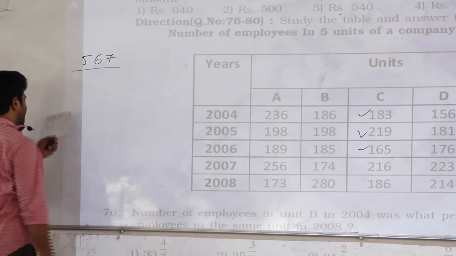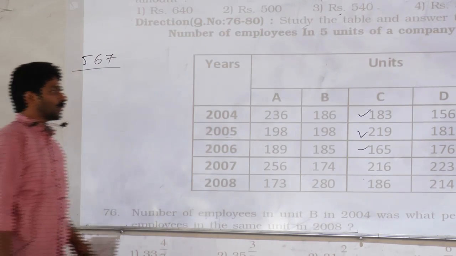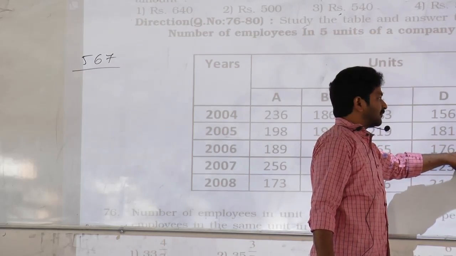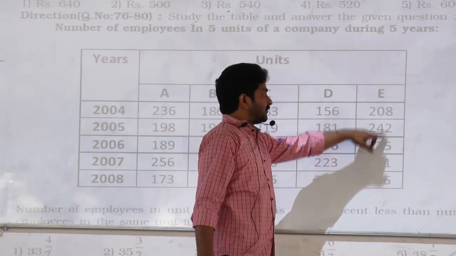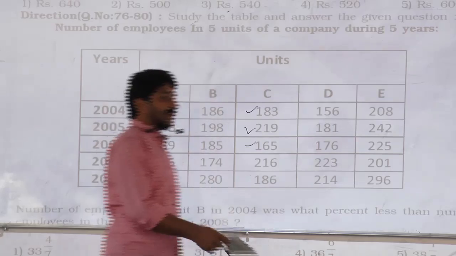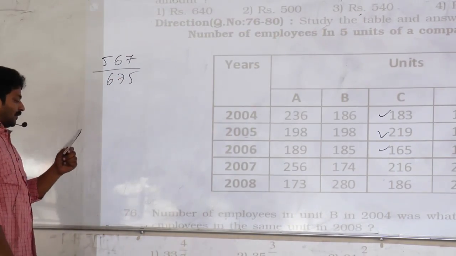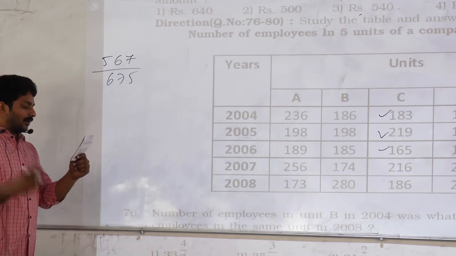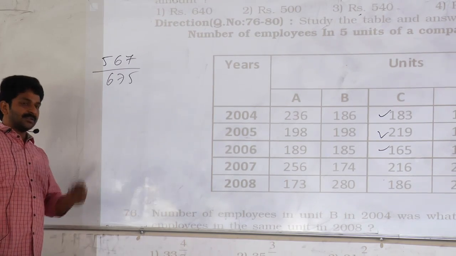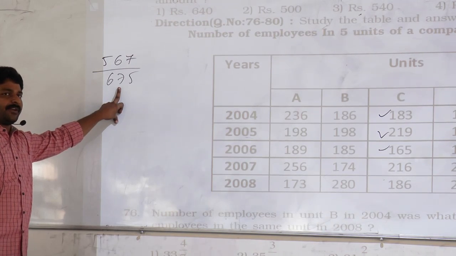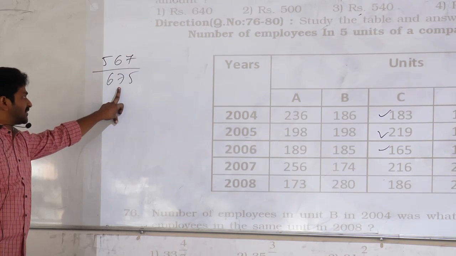567 divided by 200, 200, 200, 600. 40, 20, 60, 75. Total 675. 675. Now, look at your denominators. Denominators 25. 27 times is 675.